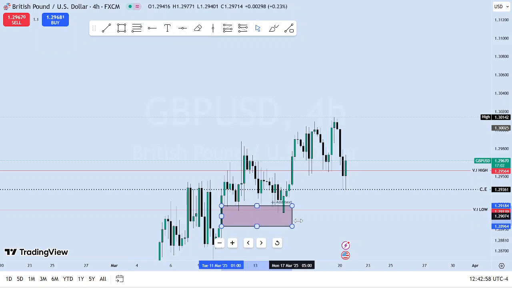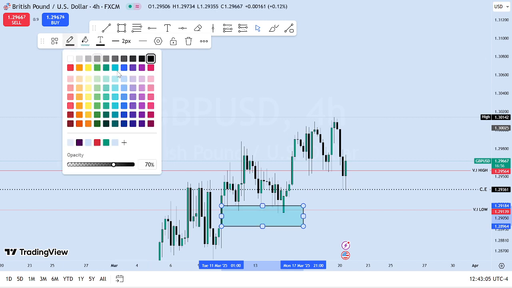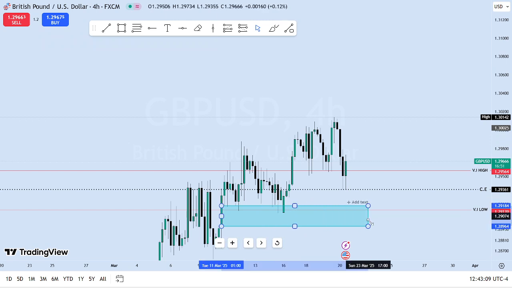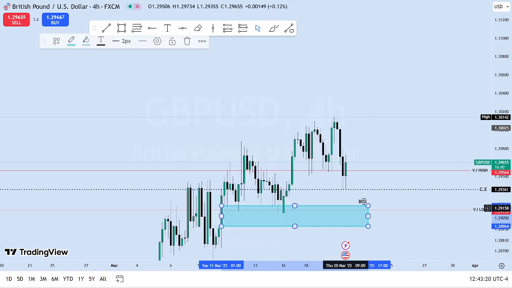There's an inefficiency, that's a fair value gap. We change the color. That's BC, buy side inefficiency, sell side imbalance. Have to learn that. Note that BC, buy side inefficiency, sell side imbalance.